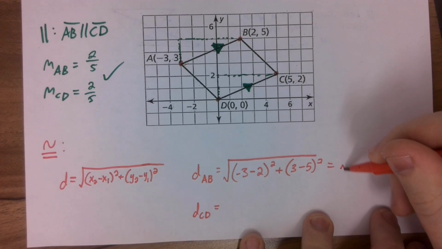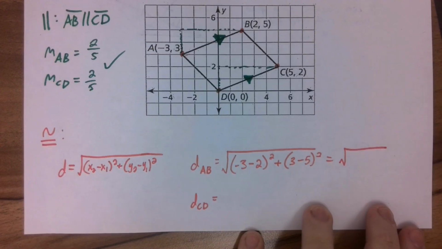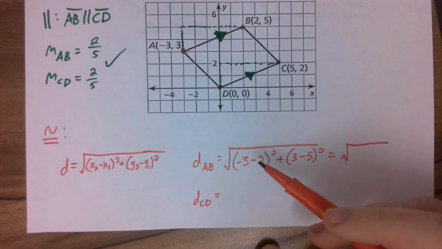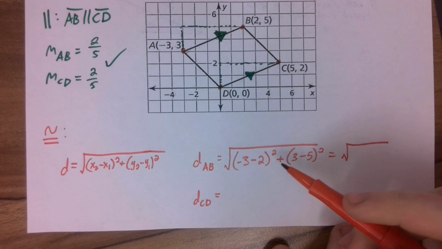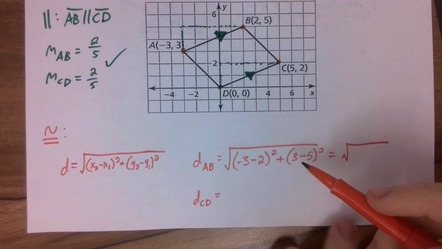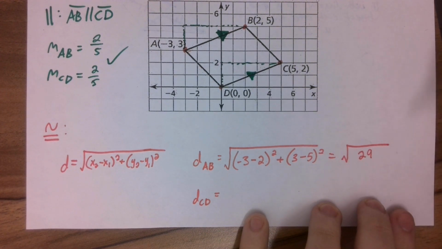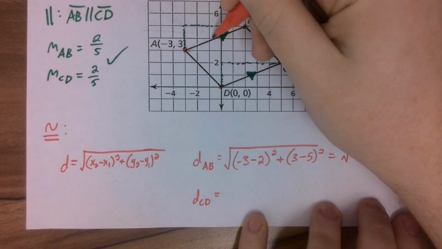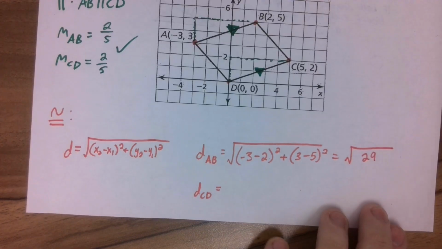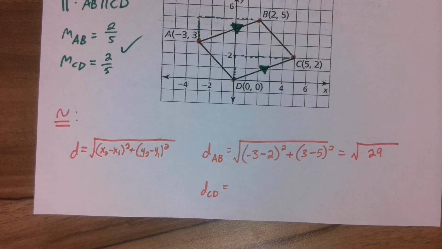We end up getting, after you do all of this, that this is 25, plus this here is going to be 4, the square root of 29. Cool. The distance from A to B is the square root of 29.